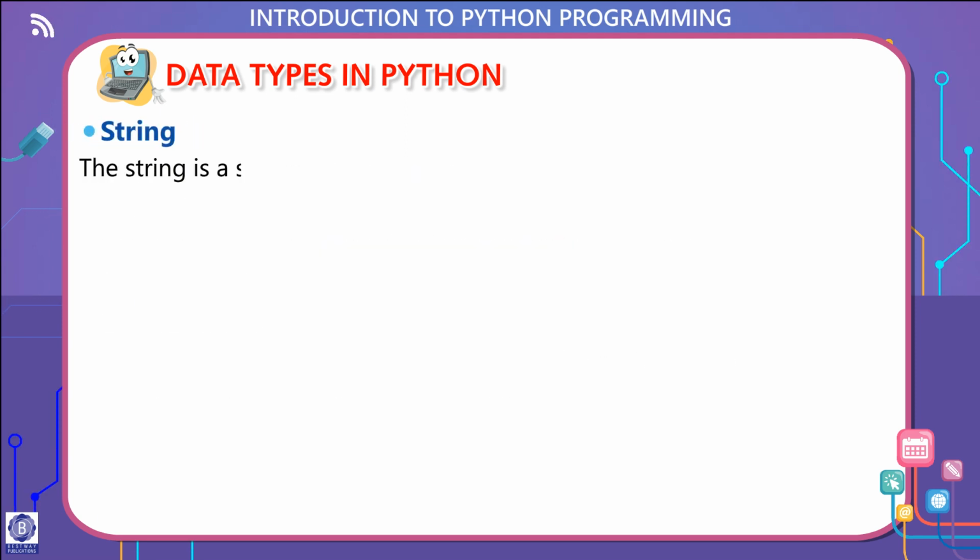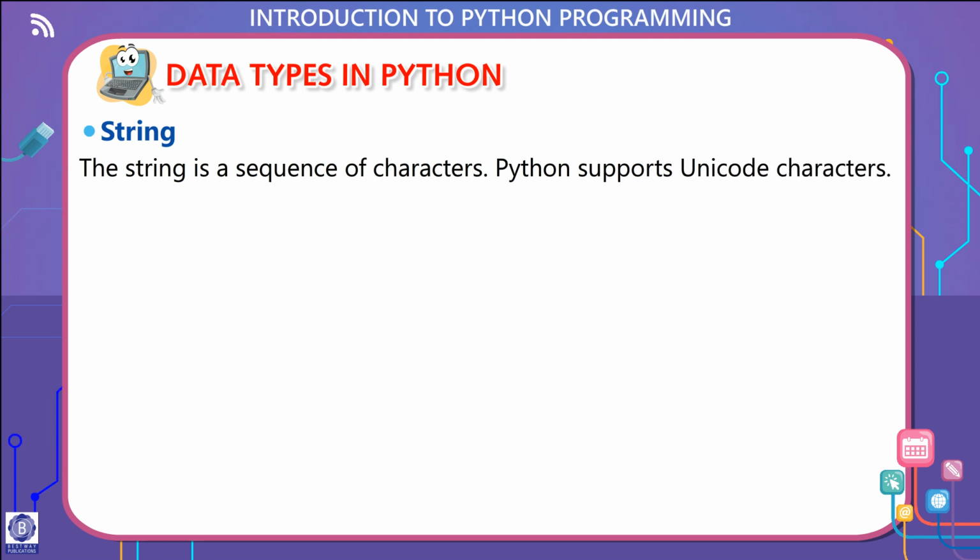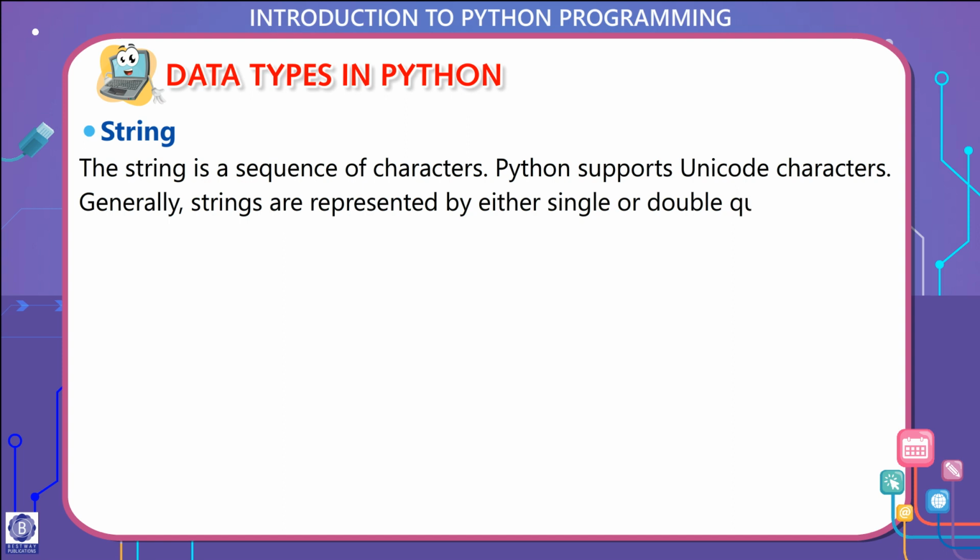String. The string is a sequence of characters. Python supports Unicode characters. Generally, strings are represented by either single or double quotes.